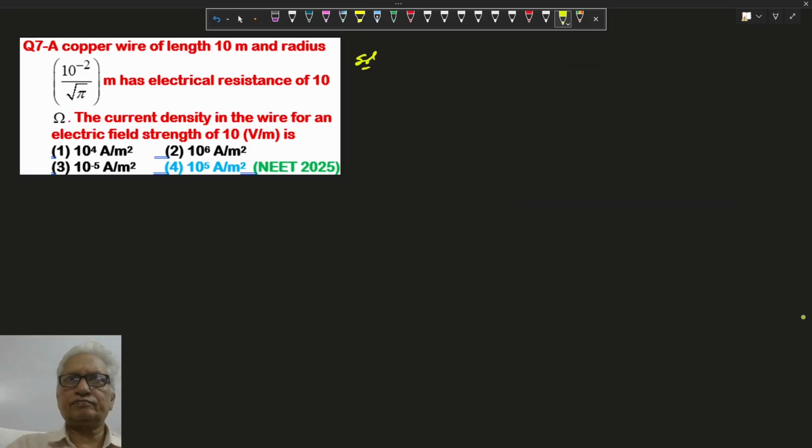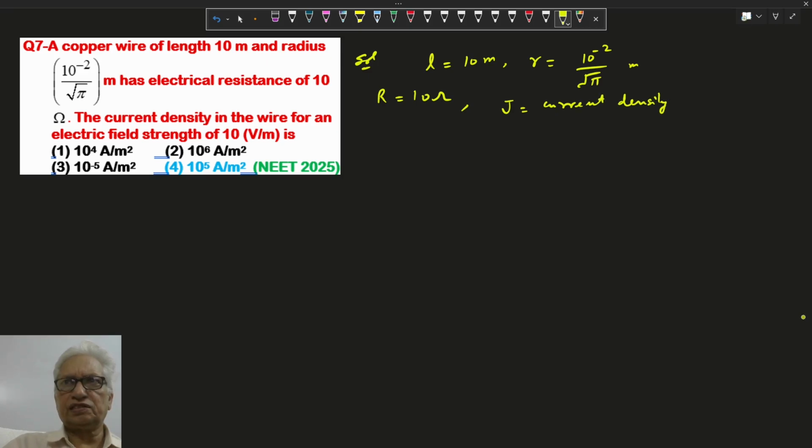In this question, the length of this copper wire is 10 meter and the radius is 10 to the minus 2 upon root pi. The electrical resistance is 10 ohm. We have to find the current density. The electric field is given as 10 volt per meter.